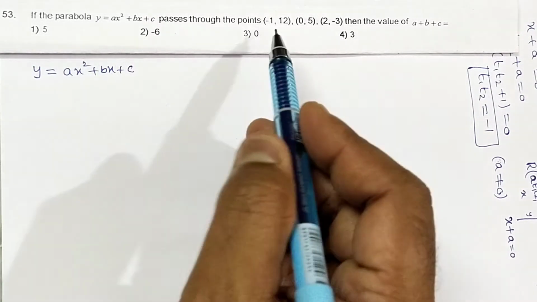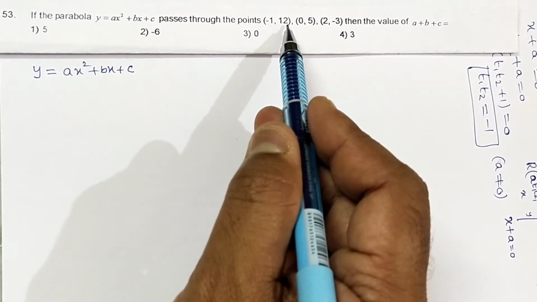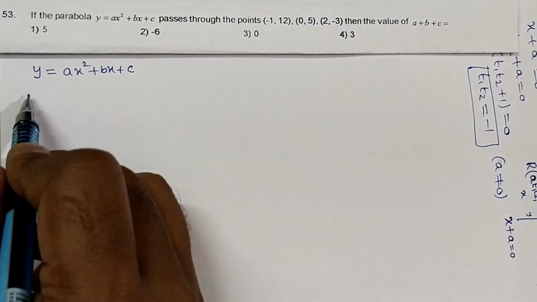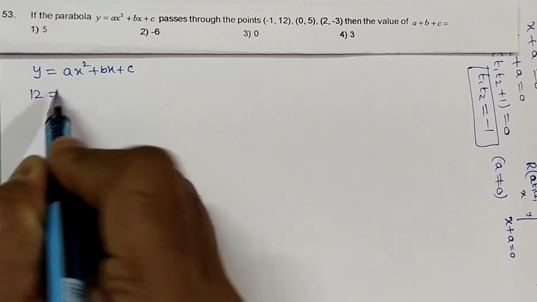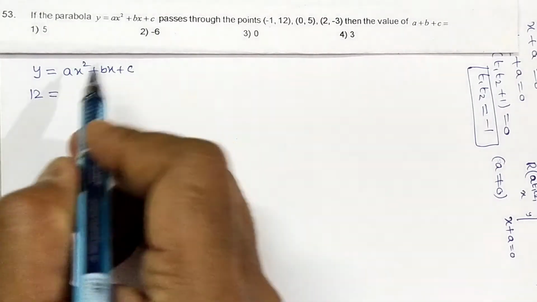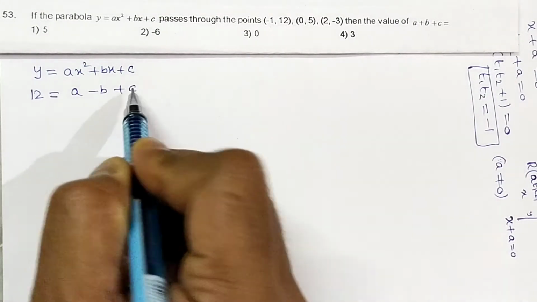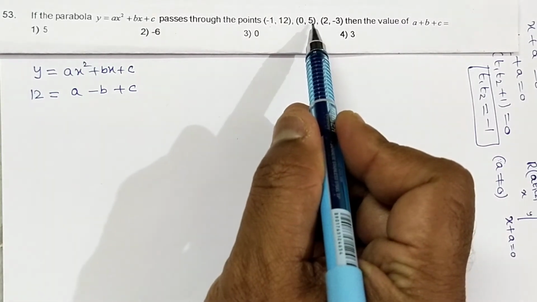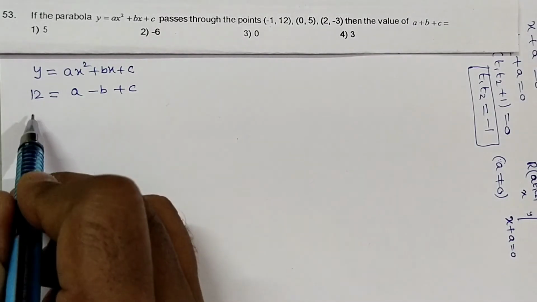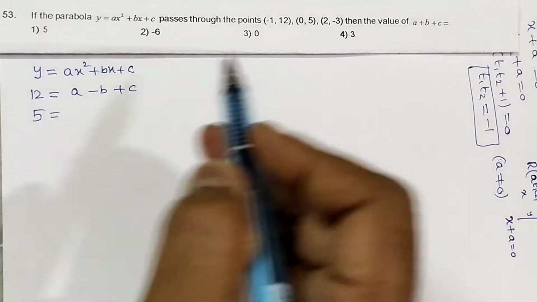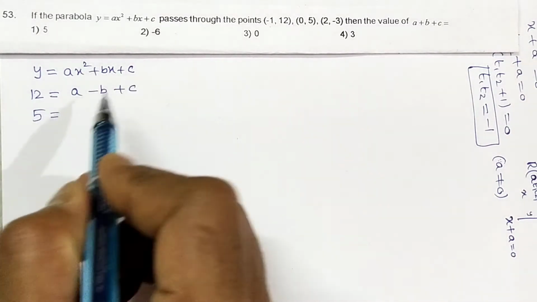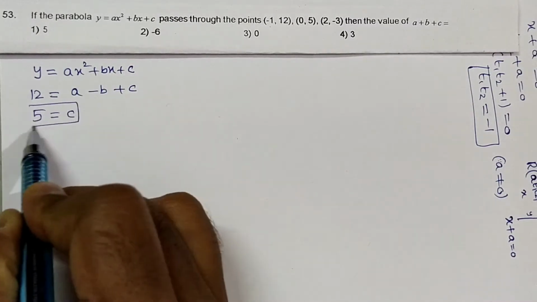It passes through the first point (minus 1, 12), so in place of y, 12, and in place of x, minus 1, so minus 1 whole square, a minus b plus c. Second point (0, 5): y is equal to 5, x is equal to 0. If you substitute, this value goes to 0, so c value goes to 5.